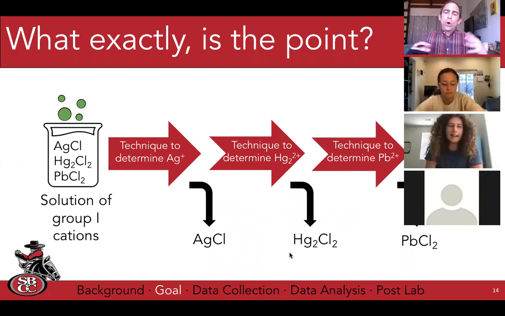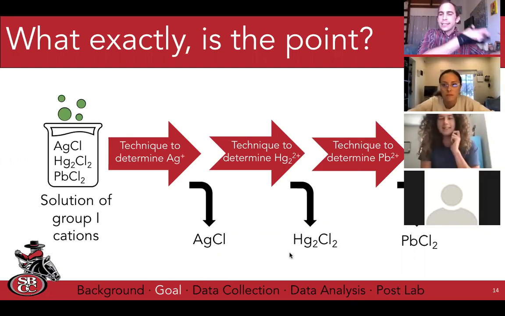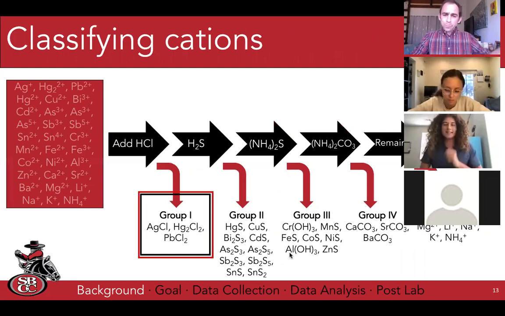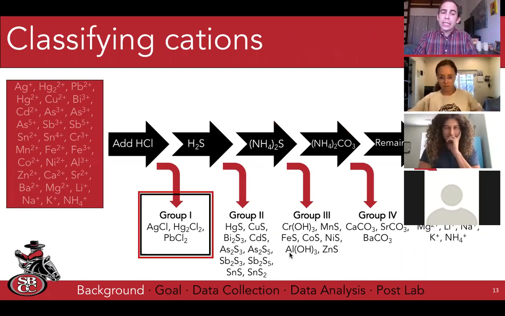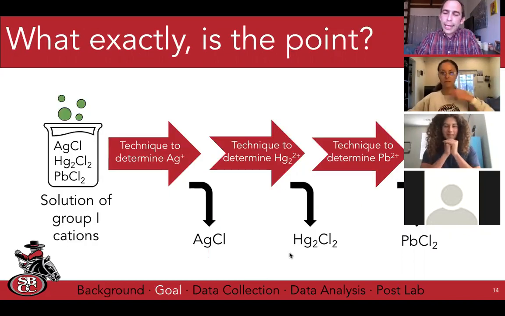All right, so we just defined group 1 cations as this group within a series of precipitation reactions in which we can collect silver, mercury 1, and lead 2.